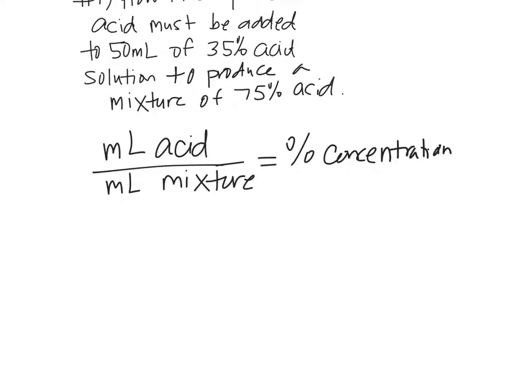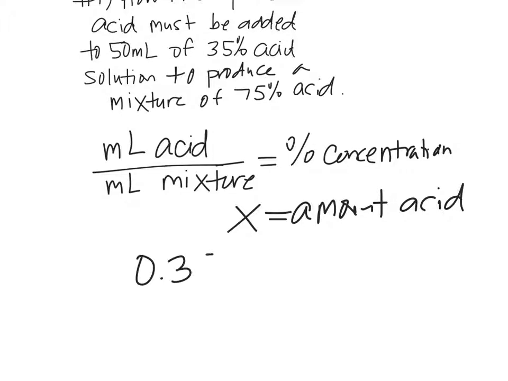Now what we're going to have to do is add X amount of acid to make it 75%. So here's what you do. First you have to find out how much acid is already in there. How are we going to find out how much acid we have? Perfect.